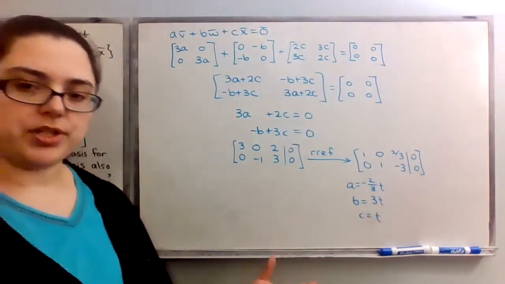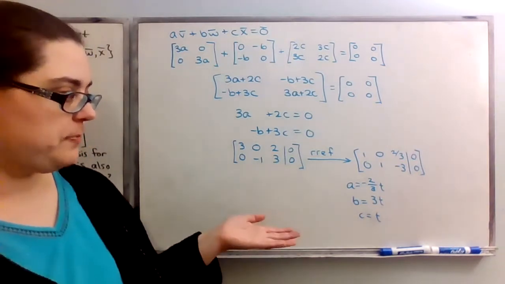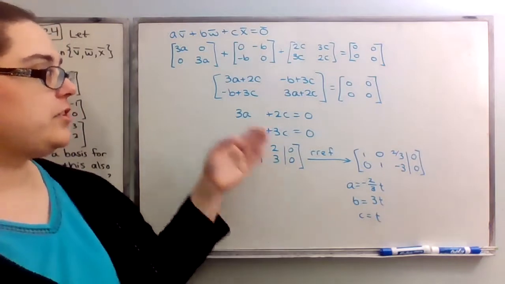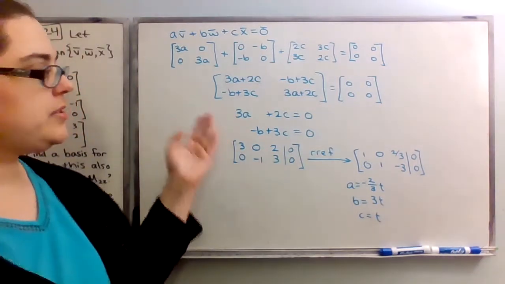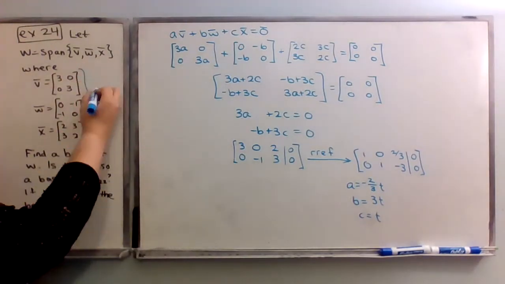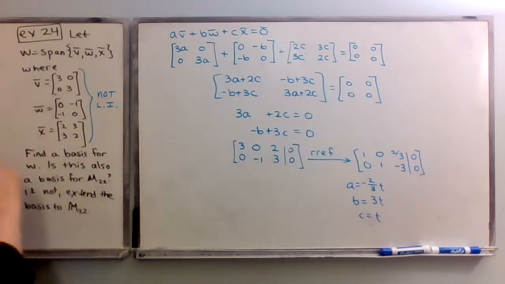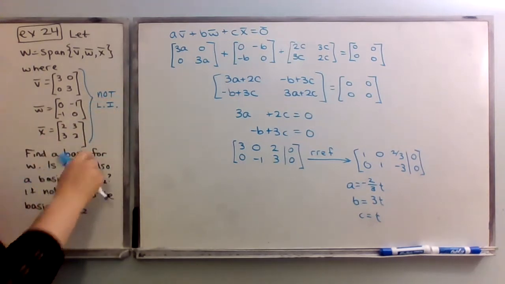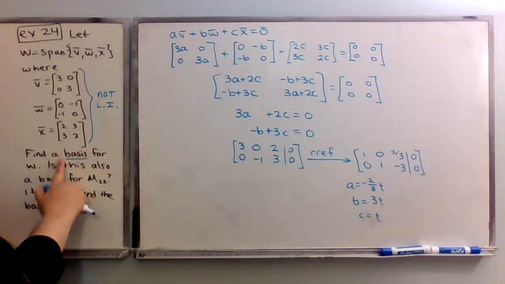So we have a parametric solution, which means that we have non-trivial solutions to this homogeneous system, which means these three vectors are not linearly independent. Because they are not linearly independent, they are not a basis.